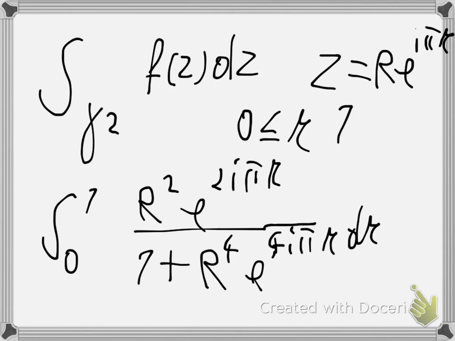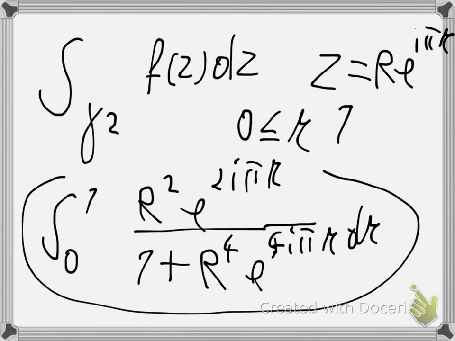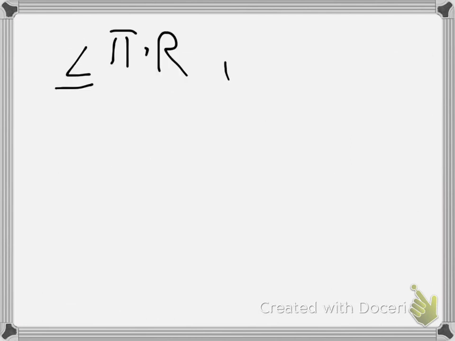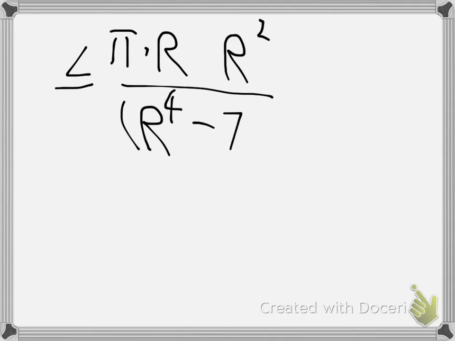Now what you can do is state that this value here is smaller than or equal to the arc length, which is pi times r, the length of our arc, times r squared over r to the 4th minus 1.